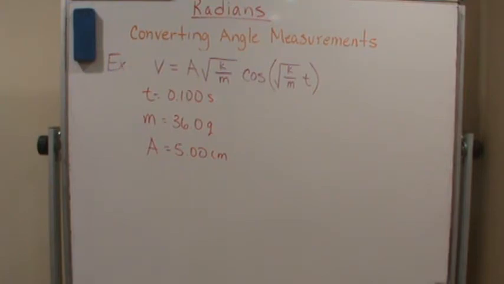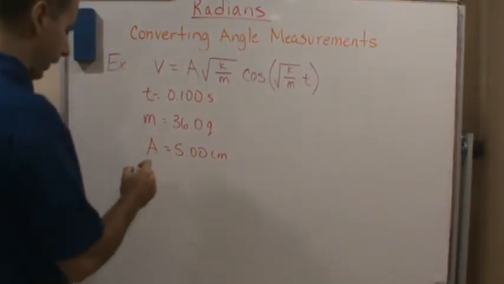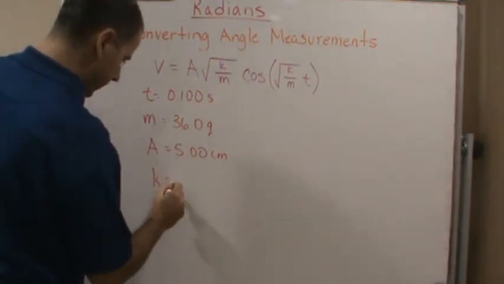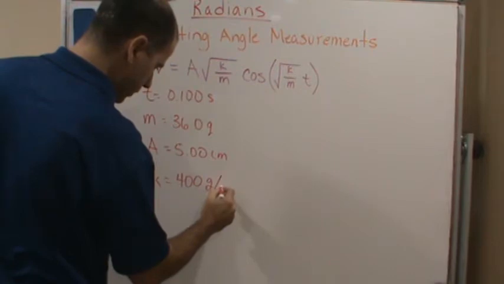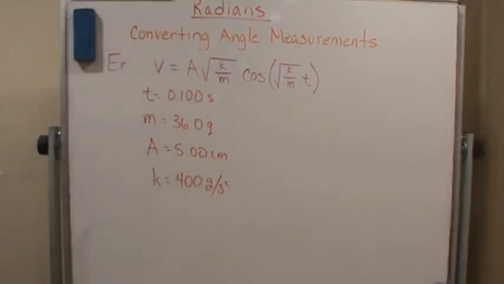And what else do we know? The spring constant K equals 400 grams per second squared.